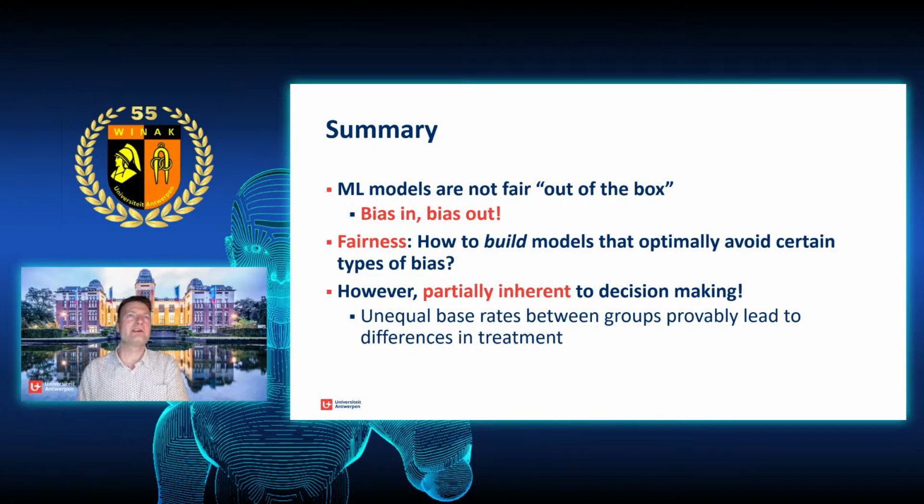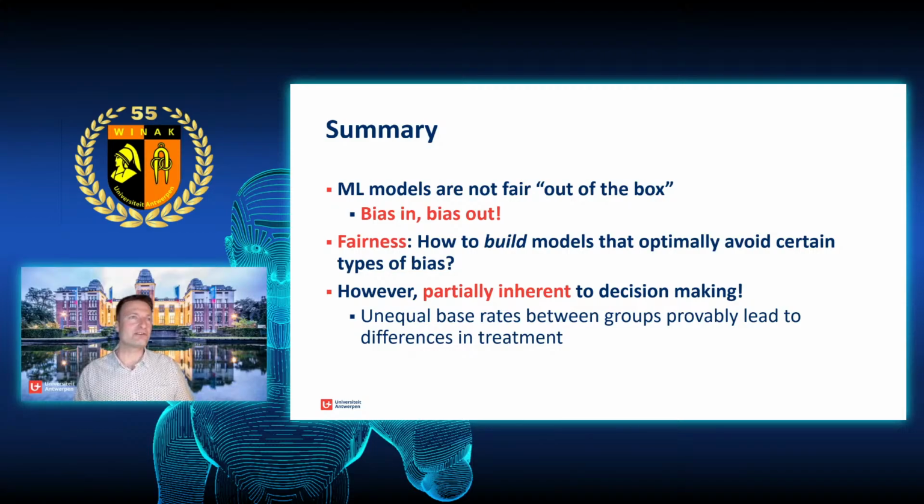To summarize, and this is the message that I want to get across to you: machine learning models are not fair out of the box. If biased data goes in, biased data comes out. We saw that with the embeddings. News articles have cultural bias, so the embeddings will also contain this bias.